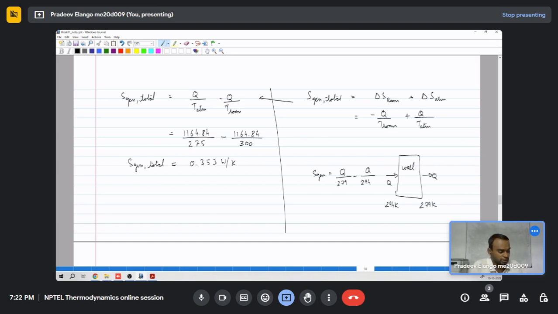Okay, anyway, I will get to this in the next class. But entropy generation should always be positive, but why we write like this and here it is like this, I will get to in the next class.